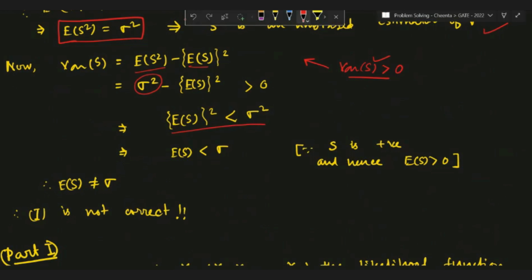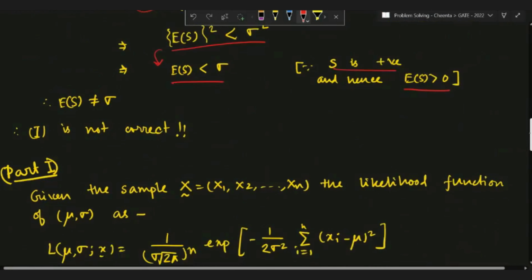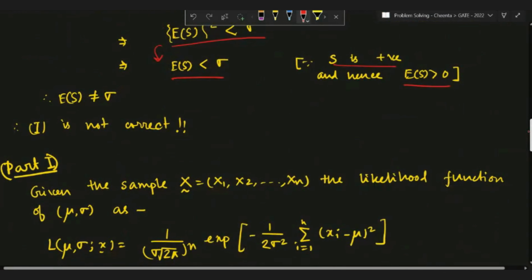Now from this we can conclude that expectation of S is less than sigma, because S is a positive random variable. It is the sample standard deviation, and hence expectation of S should be greater than 0, because expectation lies within the support or the domain in which the random variable takes values.